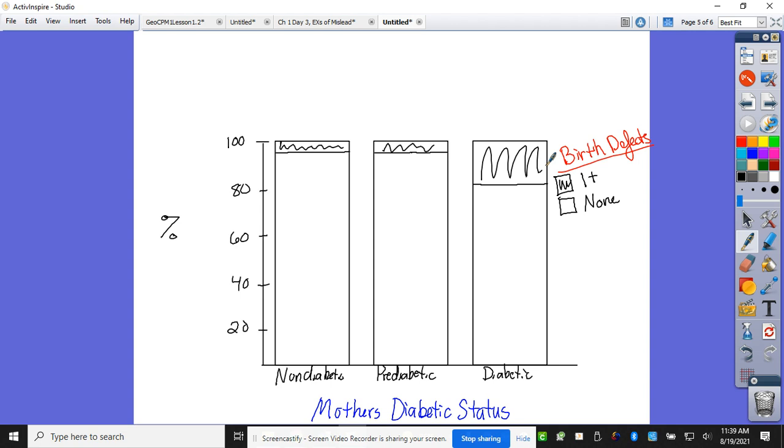And now the only thing I need is title and conclusion. Again, I don't care if you write segmented bar graph of, but I think it's helpful for you to know what it is that you're making. I could either say conditional distribution of this for this, or I could do like context and say, what did the question actually ask us? Relationship between mother and diabetic.